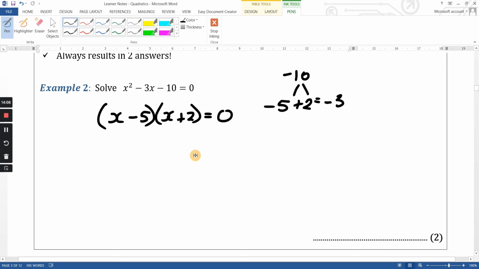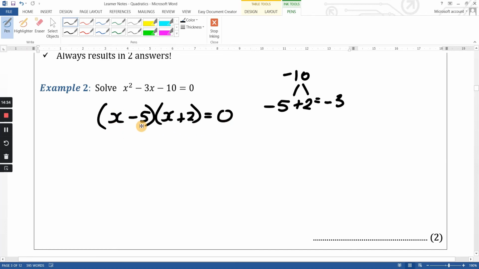Now, when you have anything like this, this literally means everything in this bracket is multiplying everything in this bracket. Or think of it as two terms multiplying each other. And when you have anything multiplied by 0, that's going to get me 0.